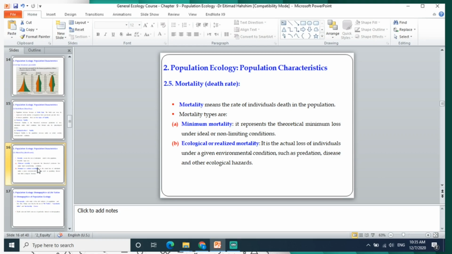Minimum mortality represents the theoretical minimum loss of individuals under ideal or non-limiting conditions, and ecological or realized mortality is the actual loss of individuals under a given environmental condition. It is the same as natality: one is controlled by physiological factors, and the realized one, the ecological one, is controlled by the environmental conditions.